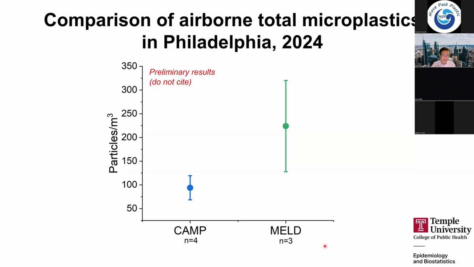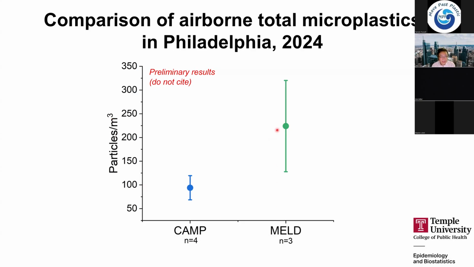And among 34 shops, we just completed our analysis in the MELD study with 3 shops. As you see here, for the outdoor air in the campus study, we found that the total number of microplastics in the air is approximately 92 microplastic particles per cubic meter.